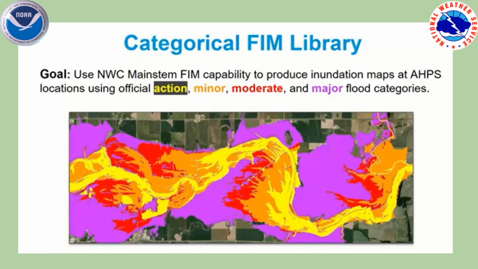So yellow would indicate some potential flooding when you're at action stage, and then orange when you're in minor flood, red, moderate, and purple, major. So you get this graphical aerial extent of flood coverage based on your flood categories.